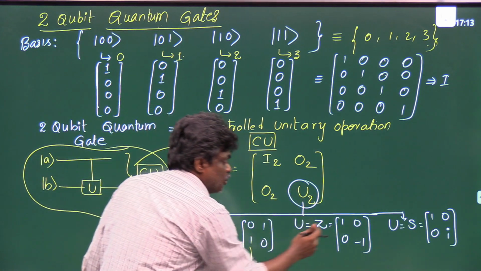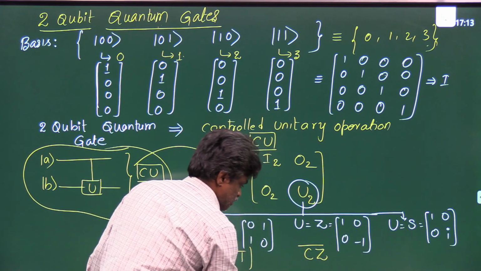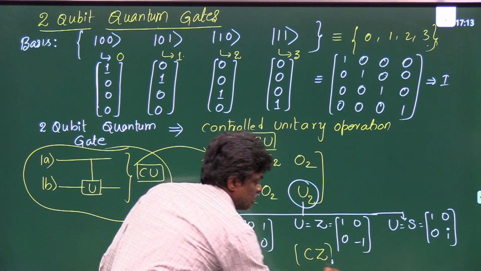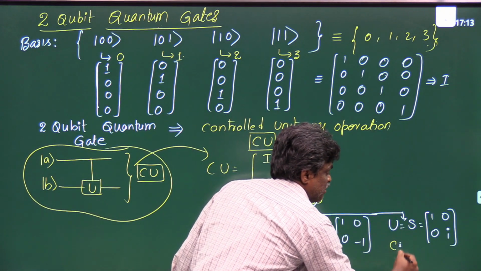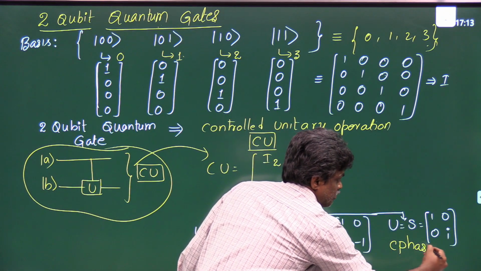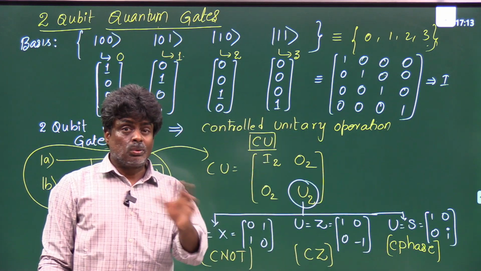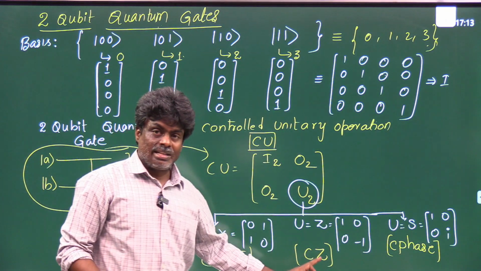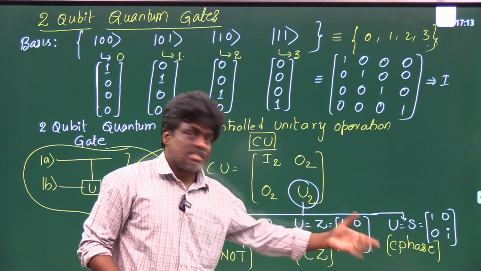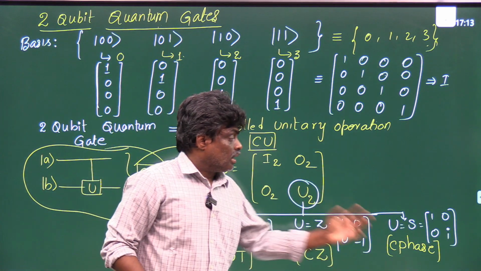If I replace U with Z, I will get a controlled Z, CZ. And if I replace U with S, I get a C phase gate. These are the basic two qubit quantum gates: CNOT, CZ, and C phase, meaning controlled NOT, controlled Z, controlled phase.